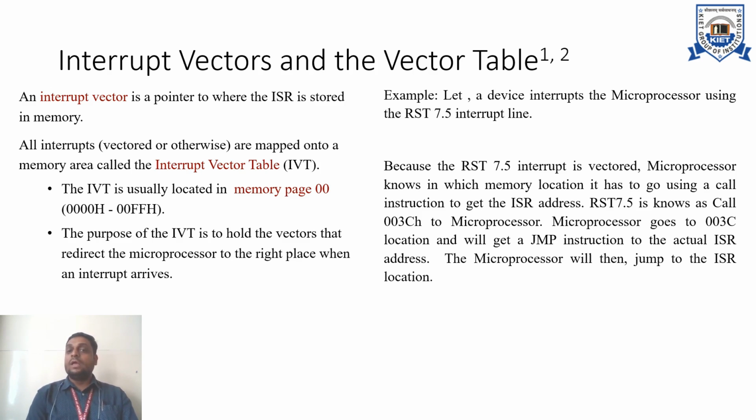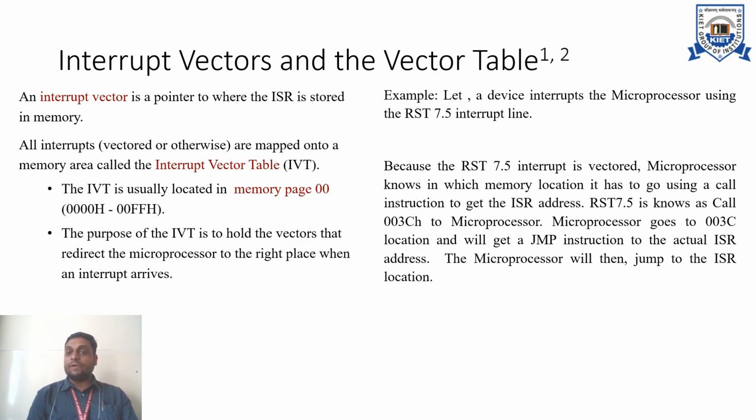For example, let a device interrupt a microprocessor using the RST 7.5 interrupt line. As the 7.5 interrupt is vectored, the microprocessor knows to which memory location it has to go, using a call instruction to get the ISR address.